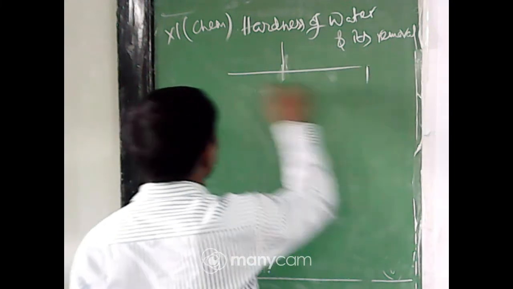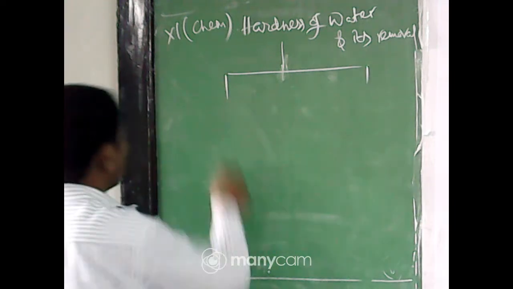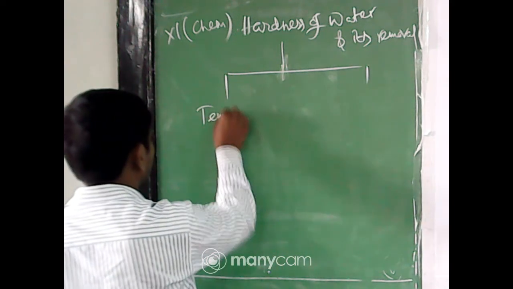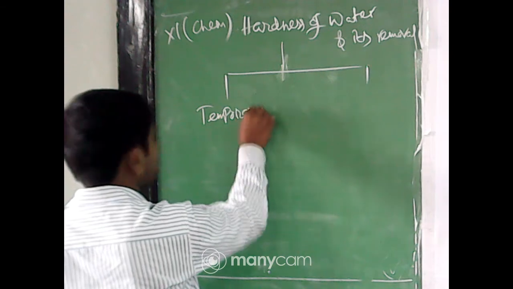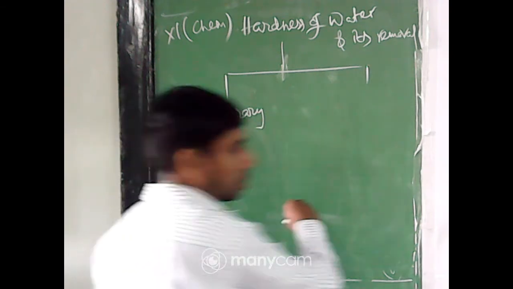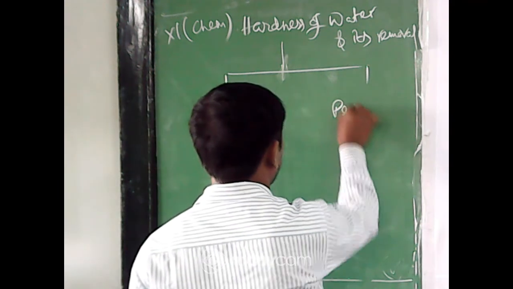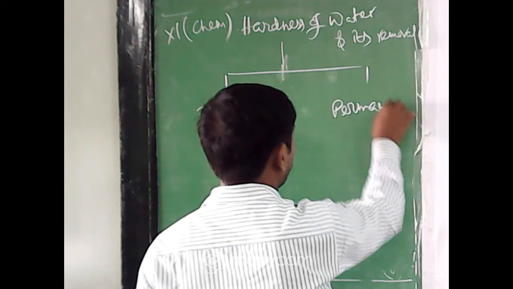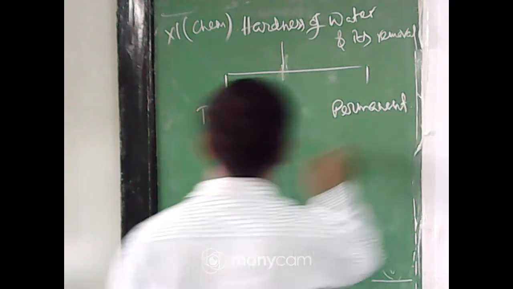Hardness of water is of two types: temporary hardness and permanent hardness. I told you about this in the last class.